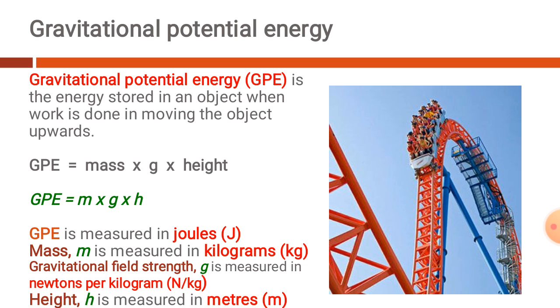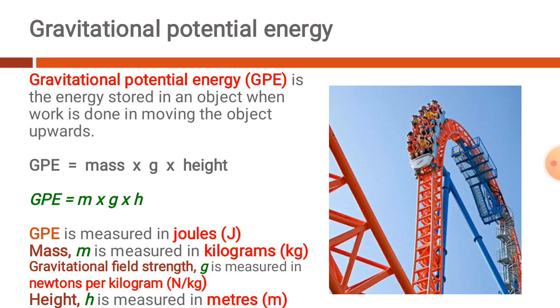So when they fall, they will fall down with a force, because they already have gravitational potential energy. When they fall, all the energy which they have is going to change to some other kind of energy, that we'll discuss very shortly, inshallah.